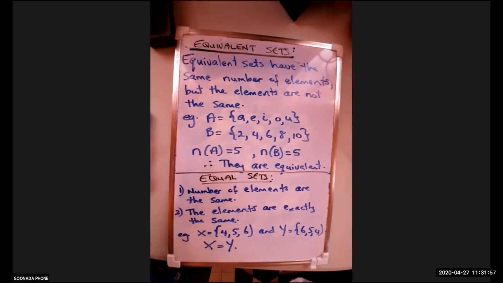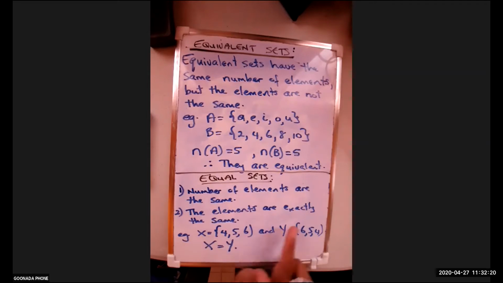but the number of elements are the same, these two sets are equivalent. Now, the difference between equal and equivalent sets is that equal sets have exactly the same elements. That's what equal means. So X is 4, 5, 6, and Y is 6, 5, and 4. The number of elements is the same, so they're definitely equivalent.